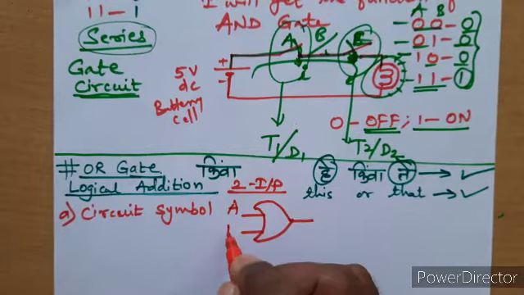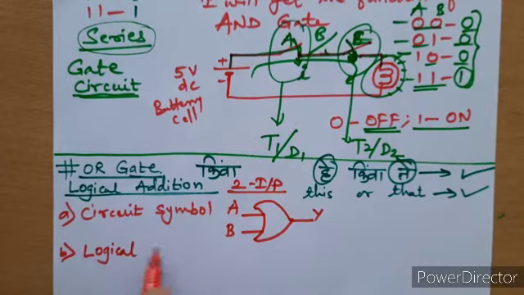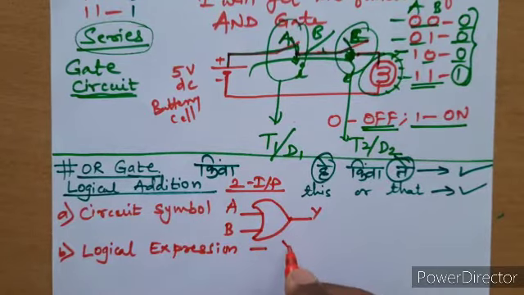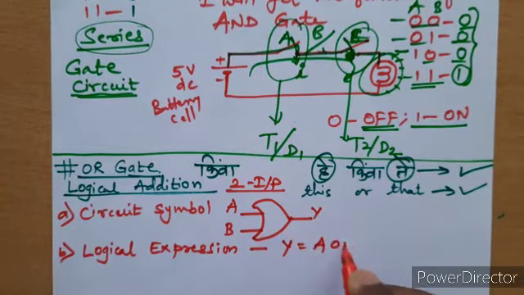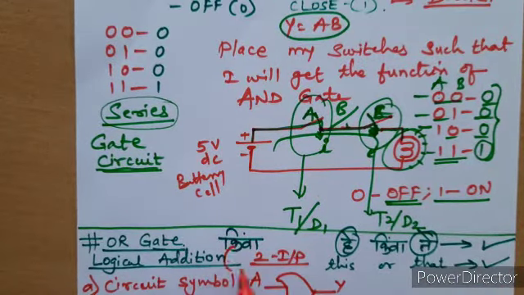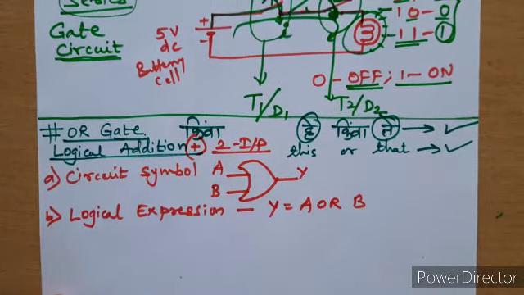This is A, this is B, and this is Y. Its logical expression will be Y is equal to A or B, if we are considering two inputs. Since it is logical addition, the OR gate is represented with the help of the plus sign. You have to remember.